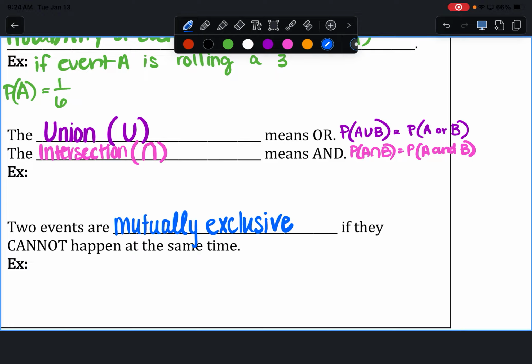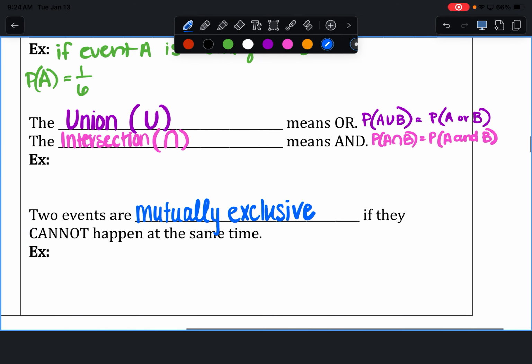That's what that means. I can only roll one number at the same time. So an example of that is rolling a 1 and a 3 at the same time.